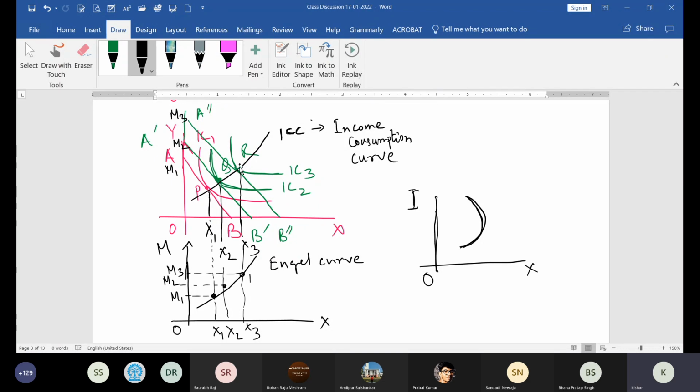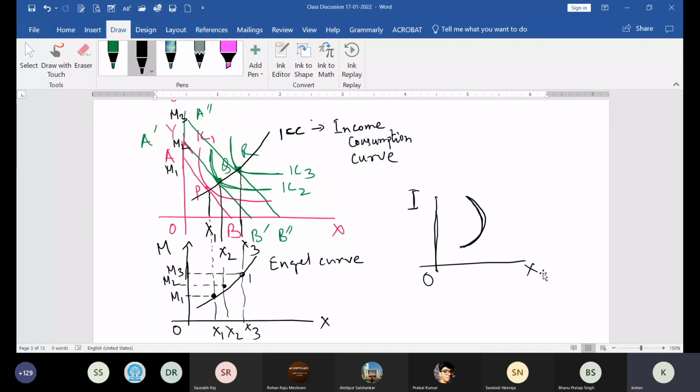We have to assume that. Do not confuse yourself that you are considering only one commodity. The diagram may show only one commodity like X, but behind the scene other commodities are also there, and we are silent about them because we assume you are taking the best judgment under a given situation.